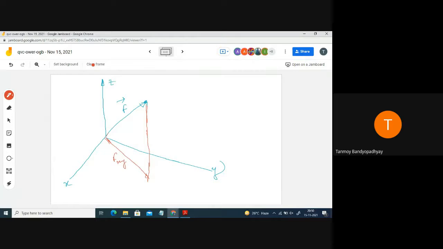So the inclination of the F vector with the xy plane is phi. In that case, we will be able to write down the components. One component is fxy, the component of the force lying on the xy plane, which is given by f cos phi. And fz, the other component, the z directional component, is given by f sin phi. Clear?